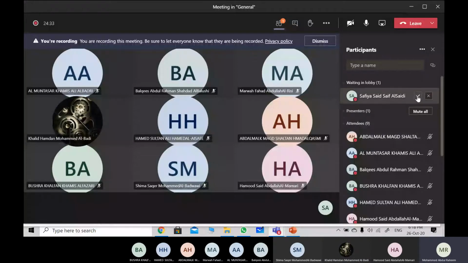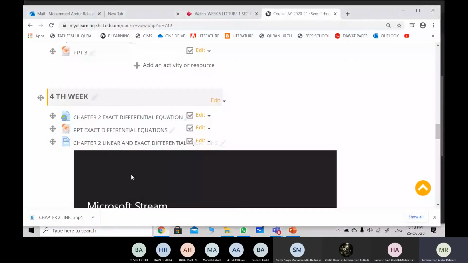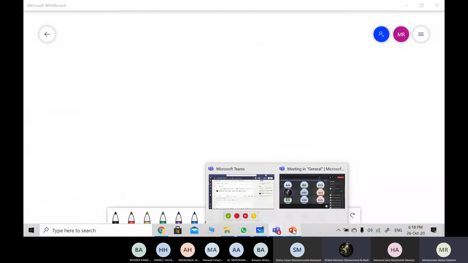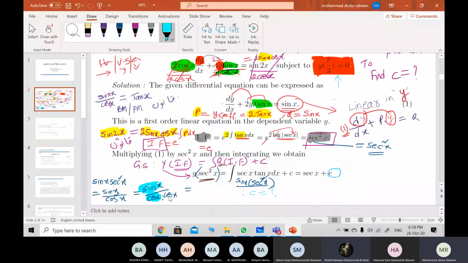Sine divided by cosine, how much? Tan x. So we have tan x. Sine divided by cosine is tan x. I'm writing it here.